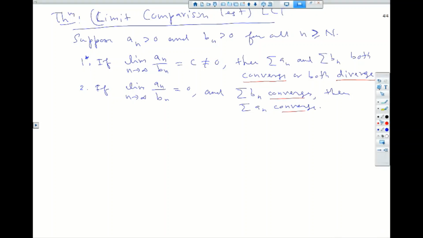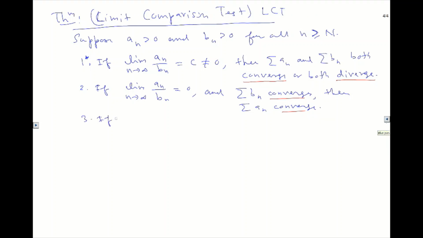Now the other case is infinity. If the limit as n goes to infinity of an over bn equals infinity, and sigma bn diverges, what does that mean? an over bn infinity means an is comparatively larger than bn.